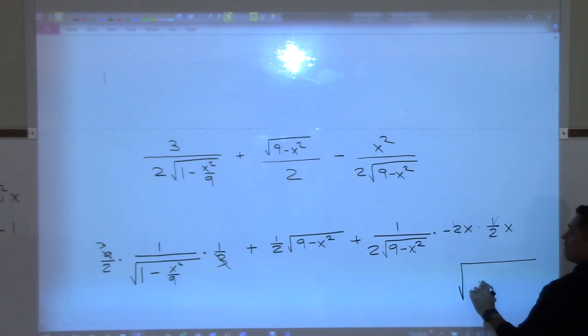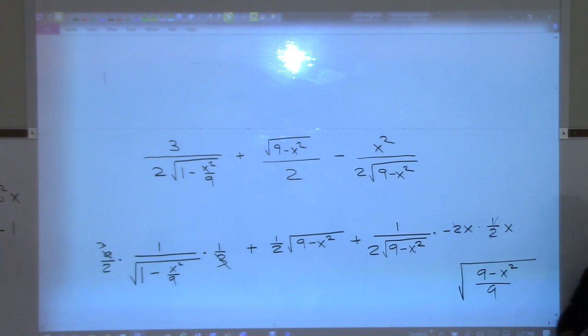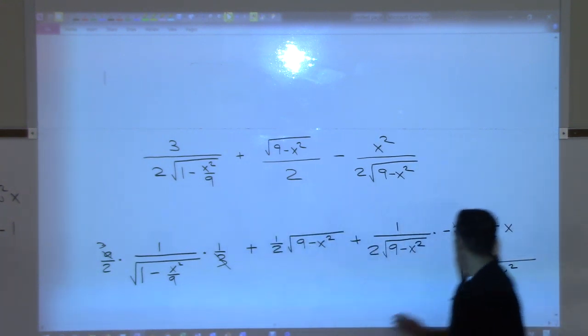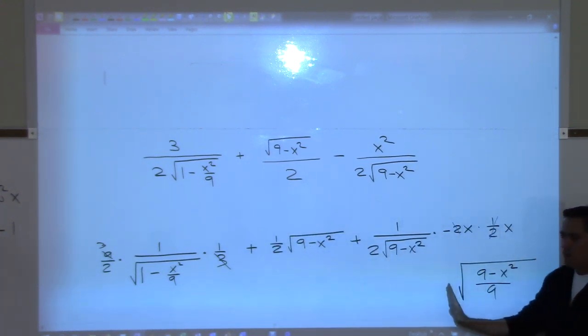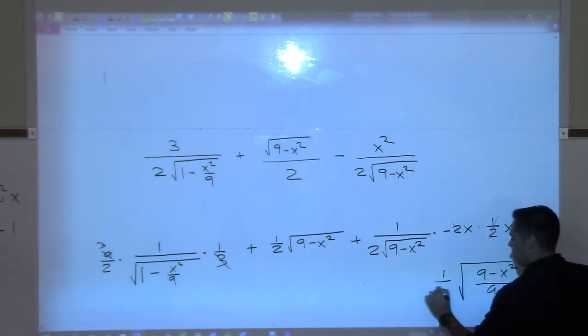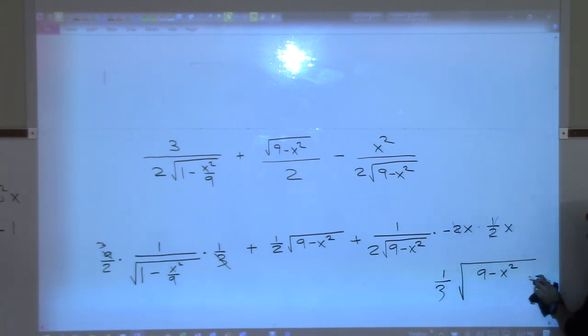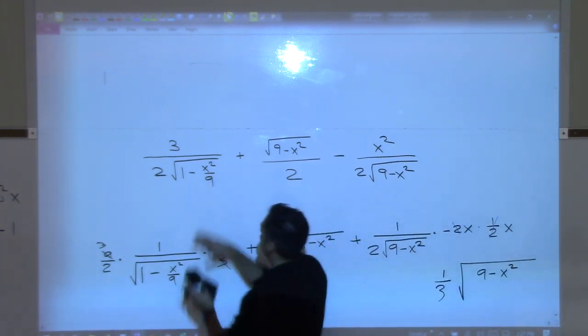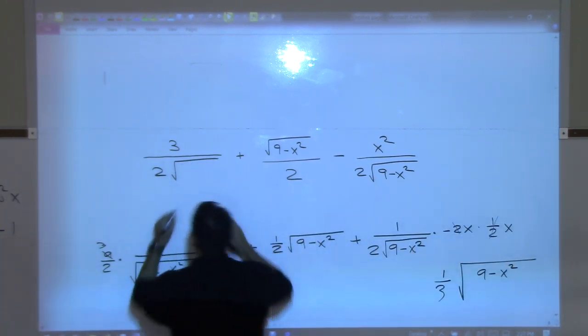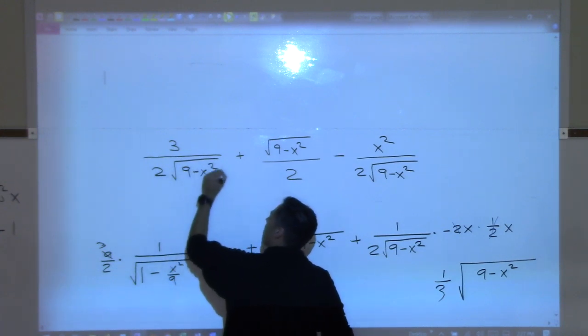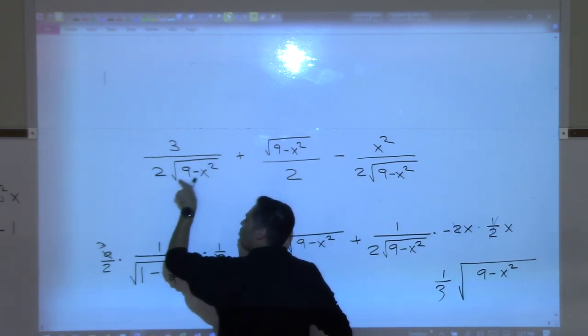If I rewrite that, I can write it as 9 minus x squared over 9. Do y'all agree that that's what this is? Yes. And then I can pull the 9 out of the root as a 1/3. Like the bottom can come out like that. Yeah? So imagine on the bottom of this, since I'm checking, I'm just going to erase and cheat here. So what came out of this root? A 1/3, right?